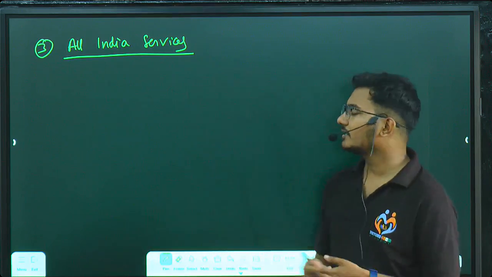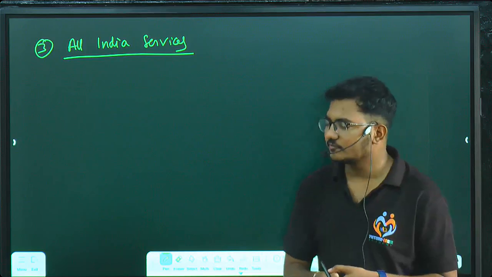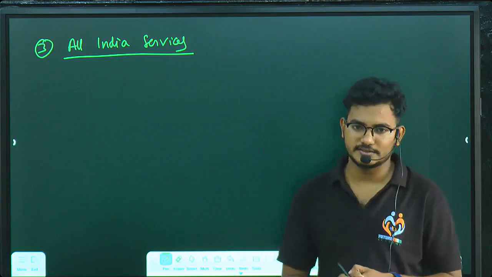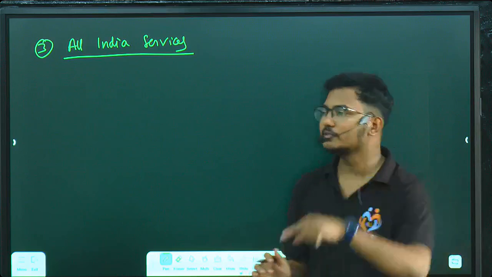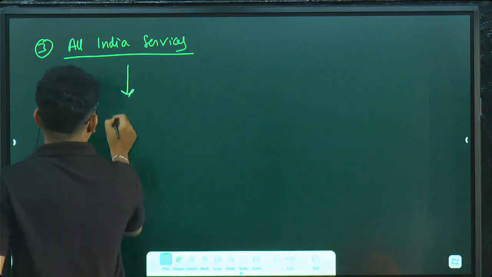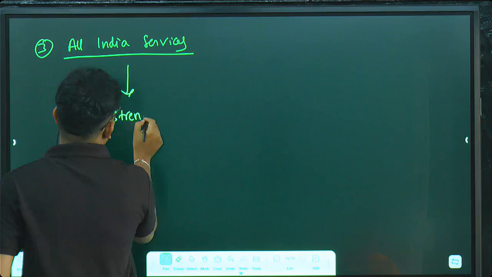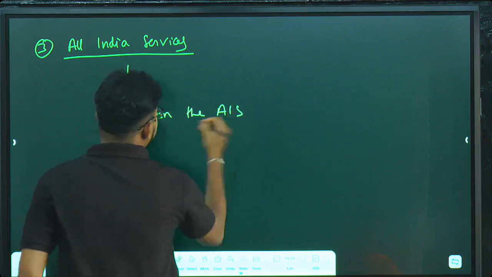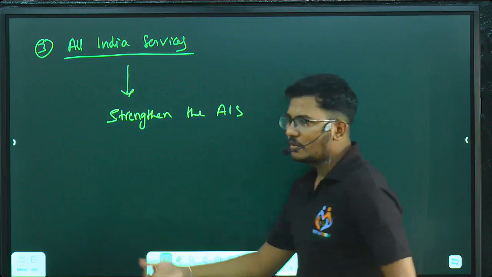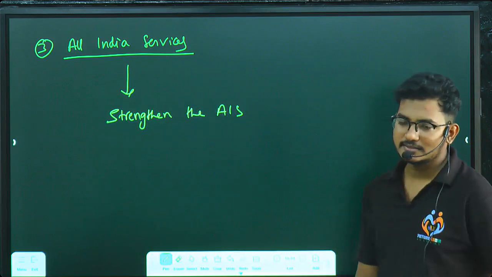Okay. So here the Sarkaria Commission said everything is going well with the all India services. No problem is there. If possible, strengthen the all India services, which means give more power to them.